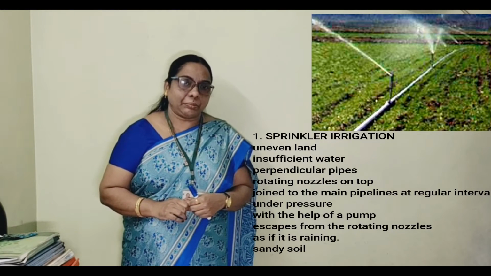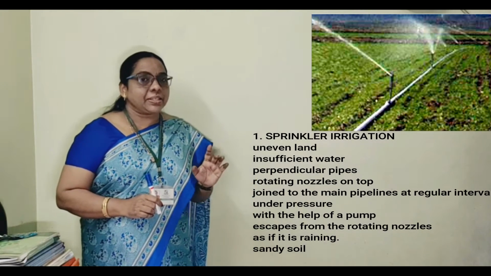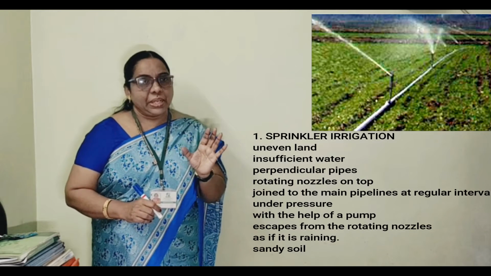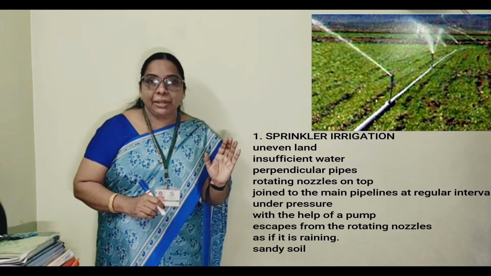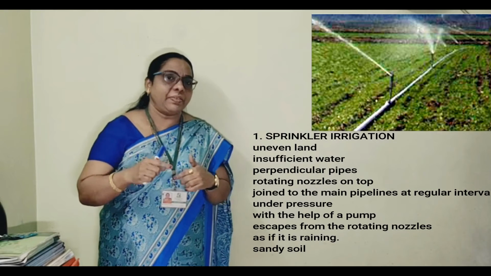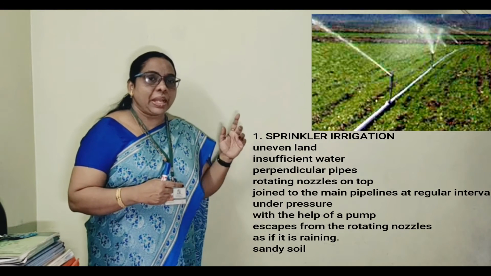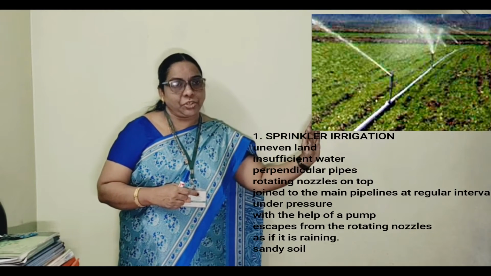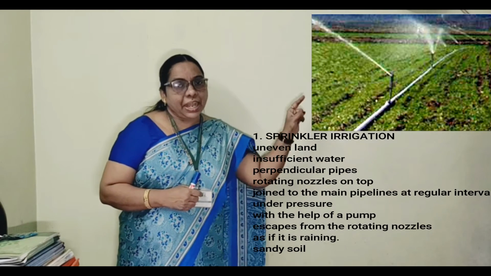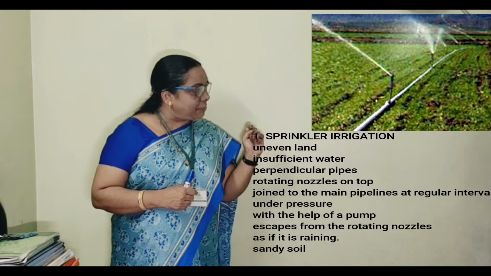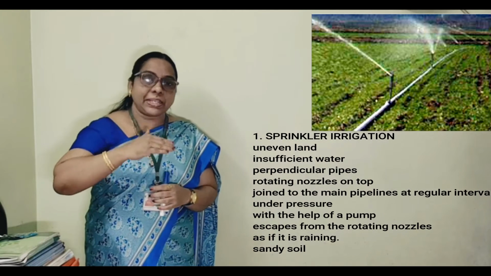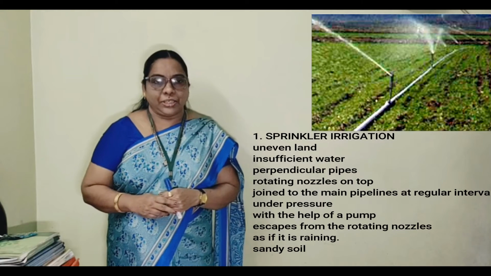Whenever they switch on the motor, under pressure with the help of the pump, the water comes out. It travels through the perpendicular pipes, reaches the vertical pipe, and escapes out from the nozzle.